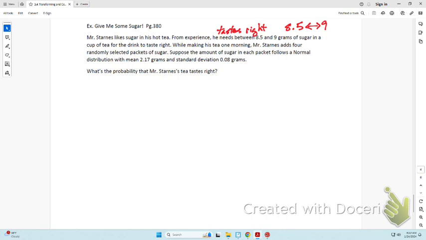This guy puts 4 packets of sugar into his tea. We know that 1 packet is normal with a mean of 2.17 and a standard deviation of 0.08.